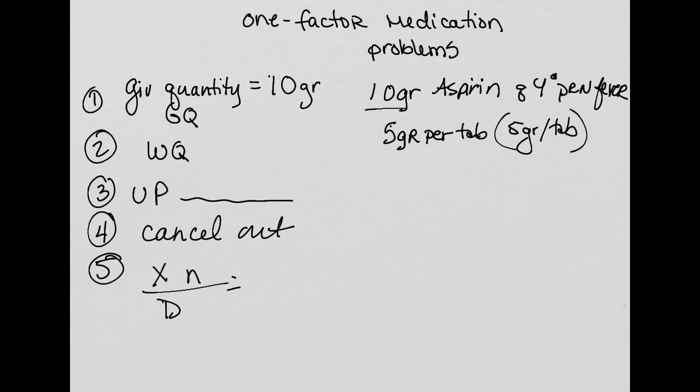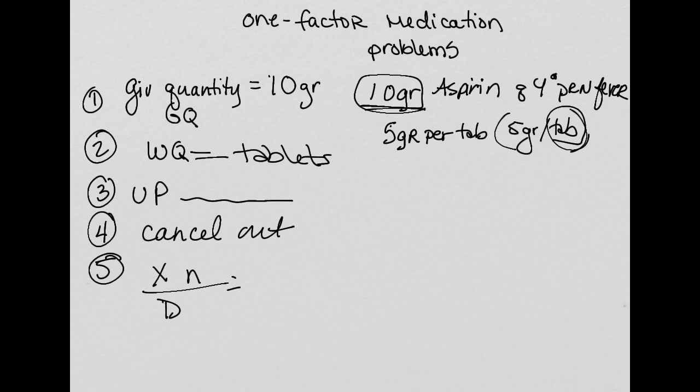That's what the order says, to give 10 grain. And the wanted quantity is the tablets, right? Because we need to figure out how many tablets we're going to give the patient. Because we know, okay, well, 10 grains ordered, but how many tablets is that?